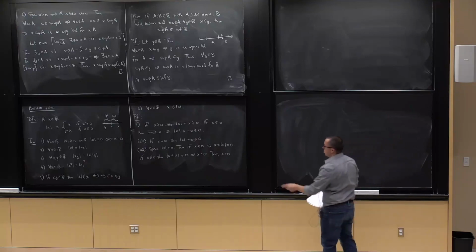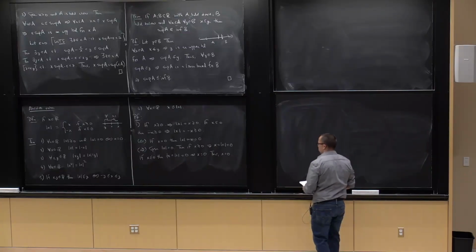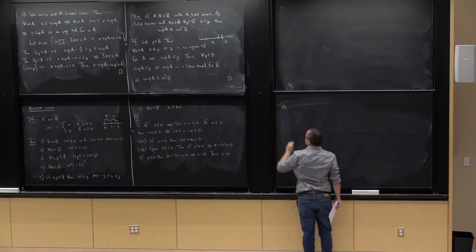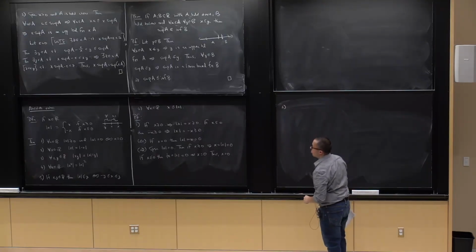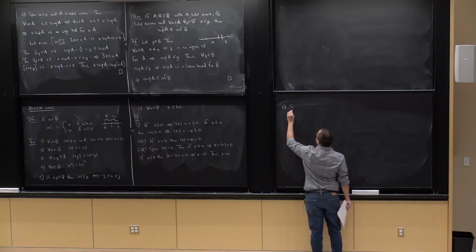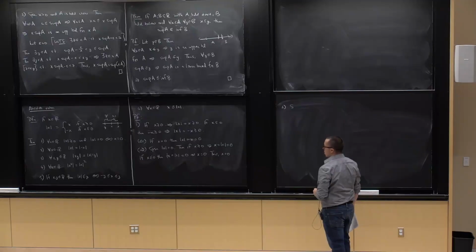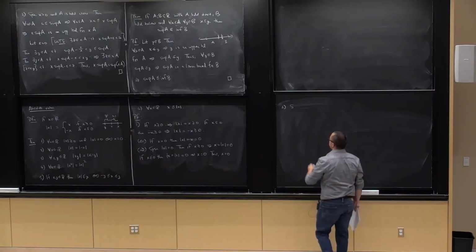Okay, so now we're on to proving number 2. So number 2, for all x in R, the absolute value of x equals the absolute value of minus x. So we'll do that by, again, considering two cases: x is non-negative or x is non-positive.